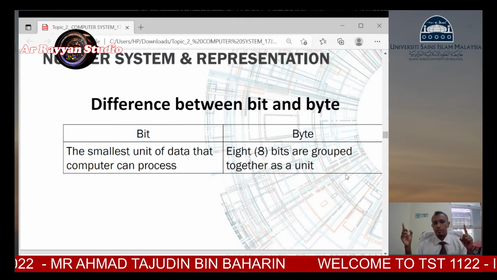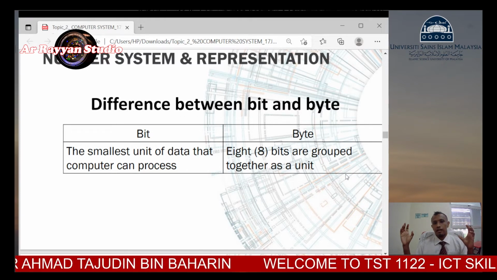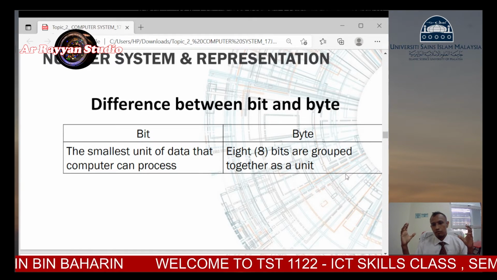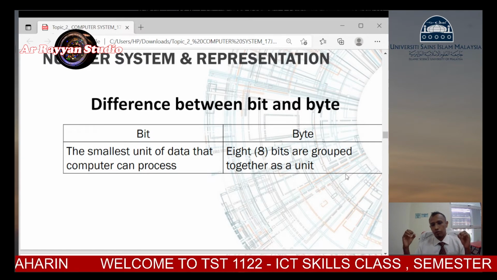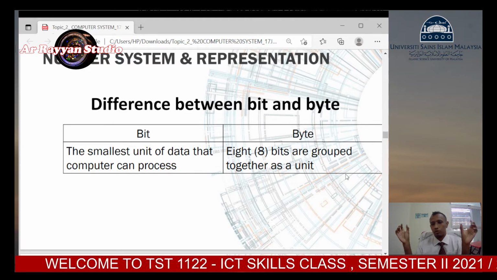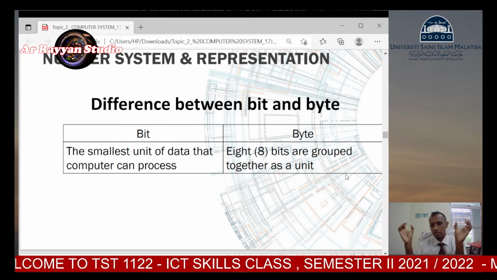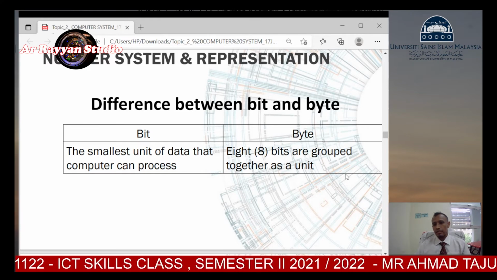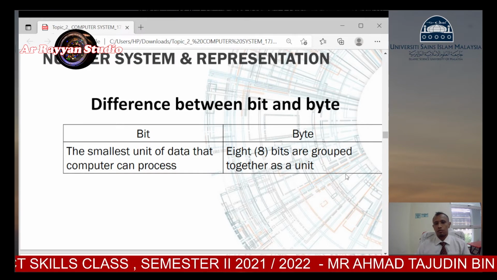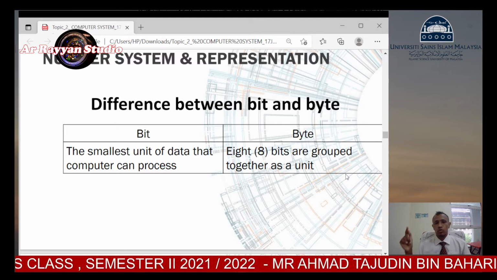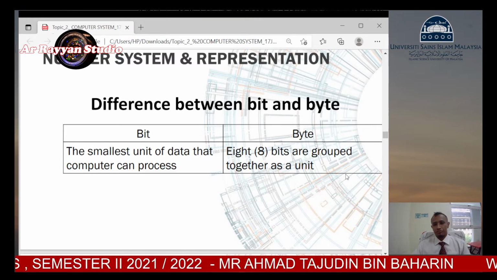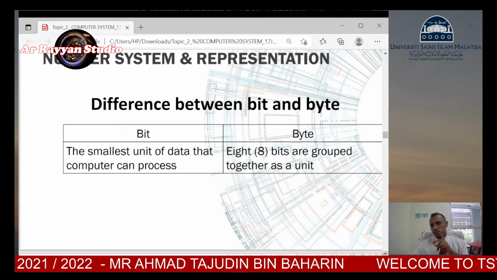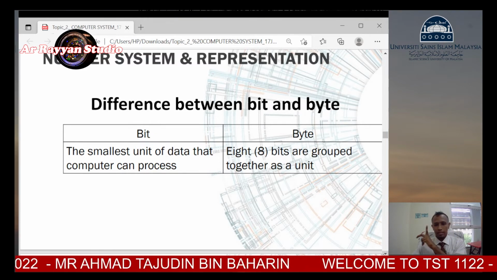So byte means the group of 8 bits, ada 8 binary digit yang digrupkan bersama. Yang tu dikenali sebagai byte. So means that 1 byte is equal to 8 bits. Alright? So faham tak? 1 byte is equal to 8 bits. Itu calculation dia.